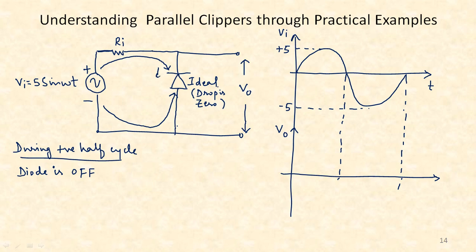When it is off, it behaves like an open circuit, and whenever it behaves like an open circuit, what are we supposed to do? Just discard this diode from the overall circuit.